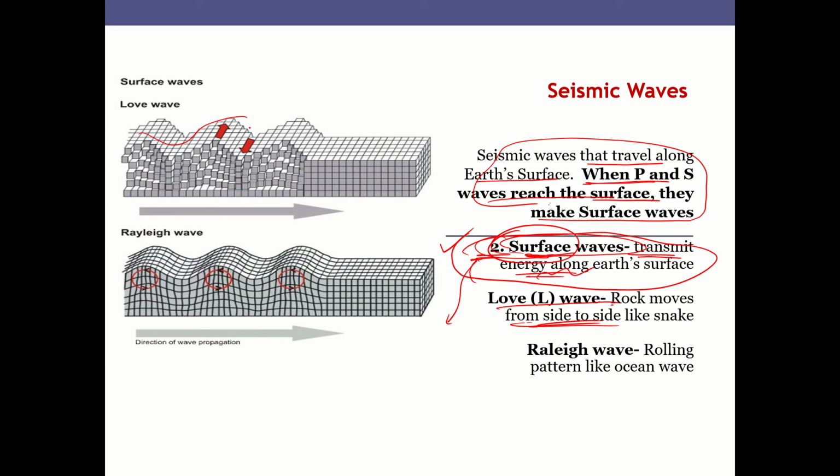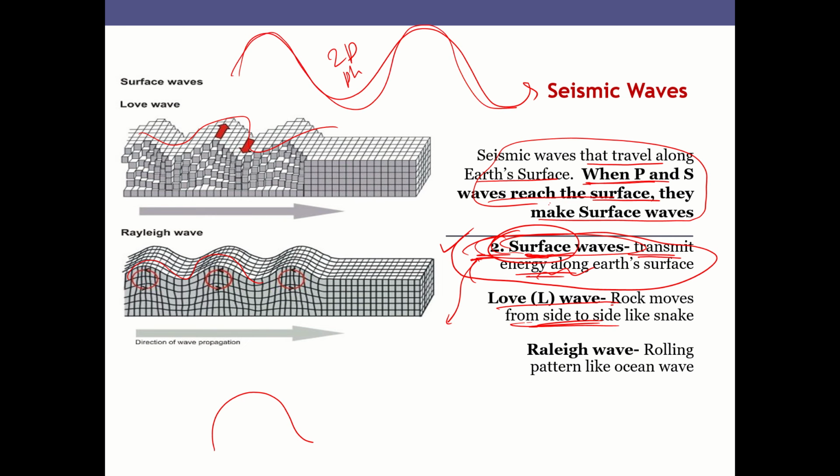So it is more like a horizontal displacement of Earth's surface. Rayleigh waves are like rolling waves. This is in 2D, you can understand this is in plan, and the movement is like this.